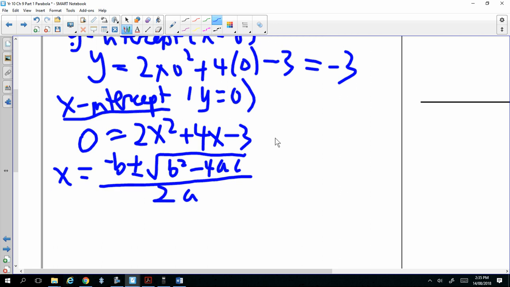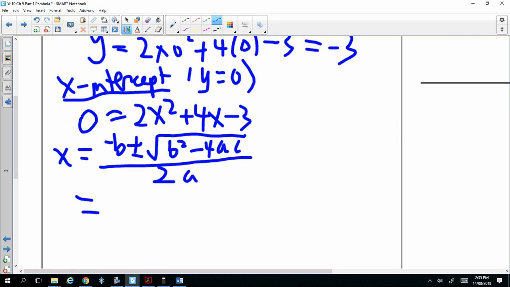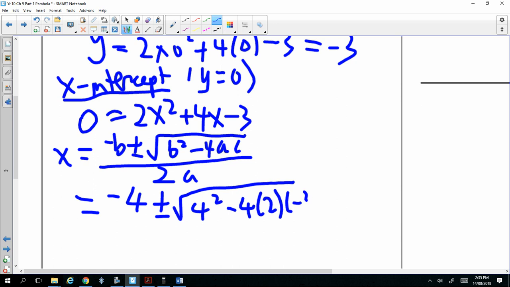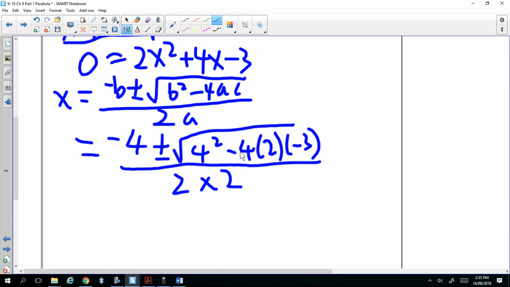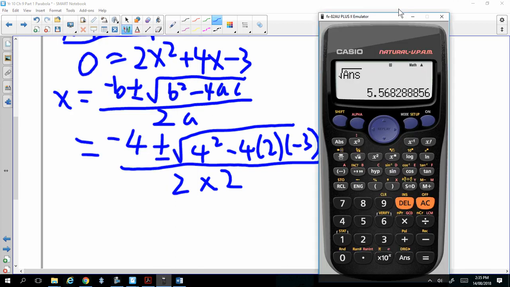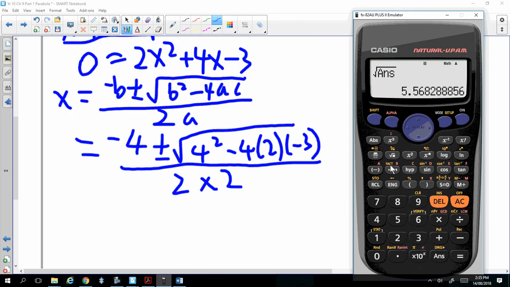So we go negative 4 plus or minus the square root of 4 squared minus 4ac, over 2 times 2. Quadratic formula. You should memorize this by now. It's very useful. Now let's use your calculator. So you type this in, put the fraction, negative 4 plus root 4 squared minus 4 times 2 times negative 3, over 2 times 2.